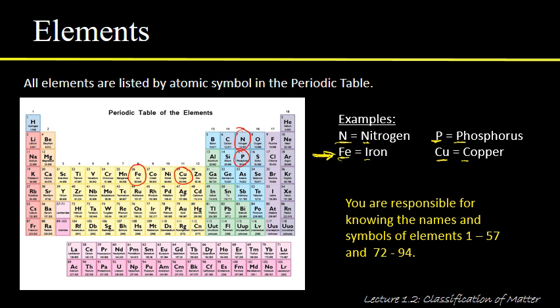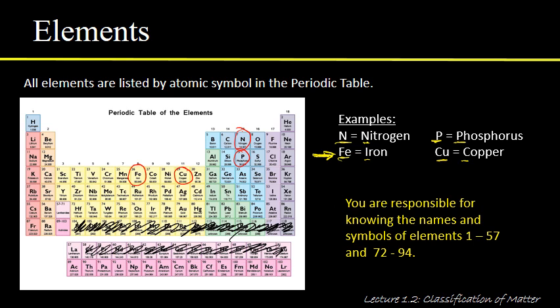So not these guys, because these are all synthetic elements for which we really can't do any chemistry anyway, right? And most of the guys down here you can ignore. These are fairly unimportant from a chemical standpoint.